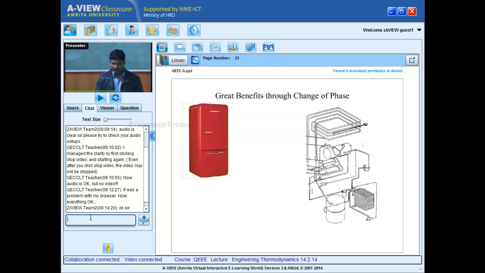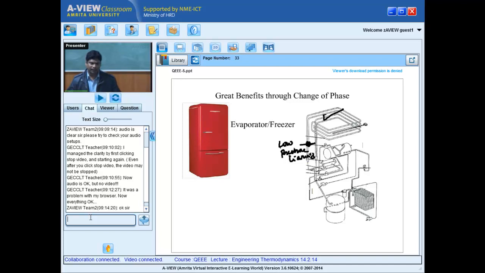So this is the evaporator or a freezer. What actually happens, suppose somewhere if I take this particular point, I'll try to have a low pressure liquid.